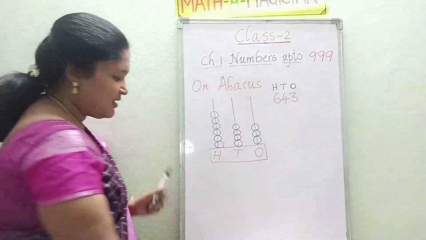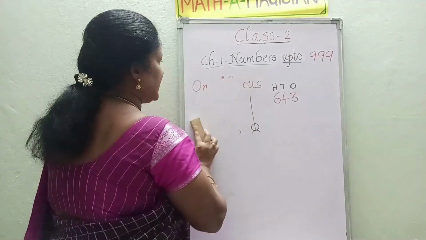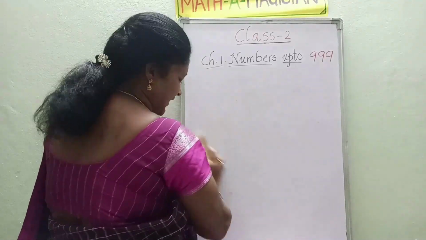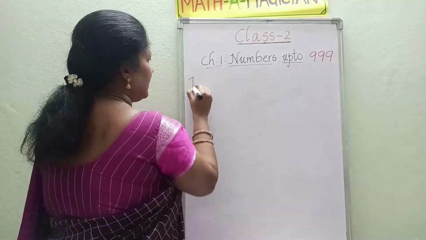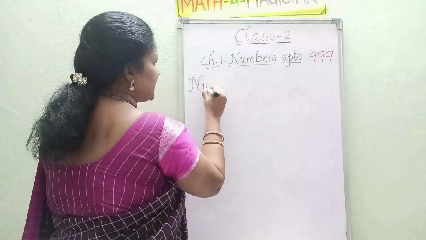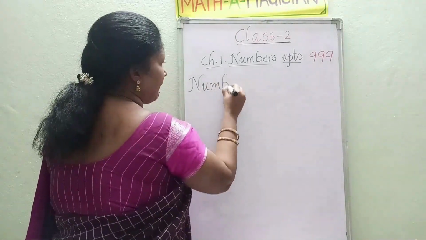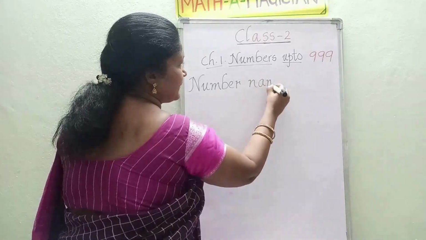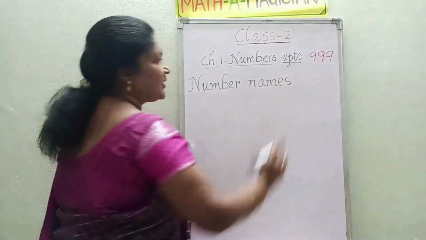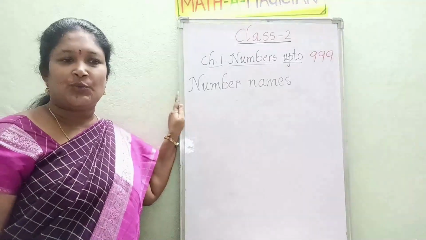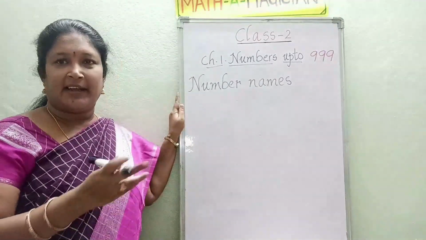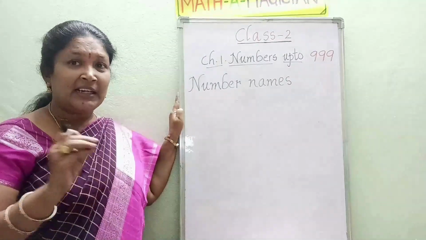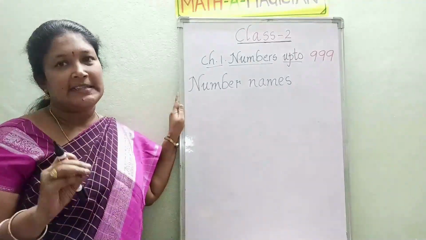Understand, children? Now one more concept we will learn, that is number names. Number names means what? To represent any number in words or in spellings.